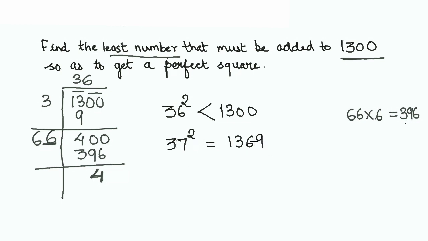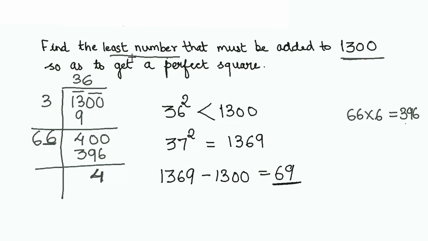And by seeing this step, you can figure out what must be added to 1300 so as to get a perfect square number, so that we can reach 1369, that is the square of 37. So the simplest thing you can do is to subtract, right, to find the actual number. So the next possible number minus the actual number will give you 69.